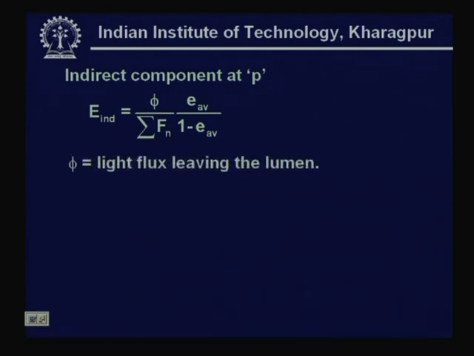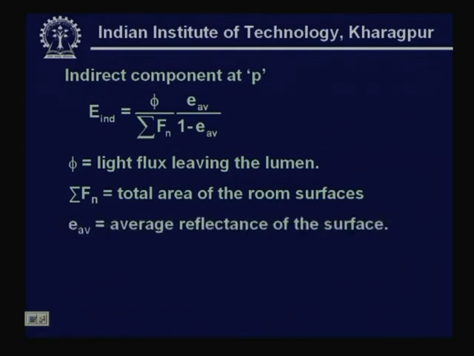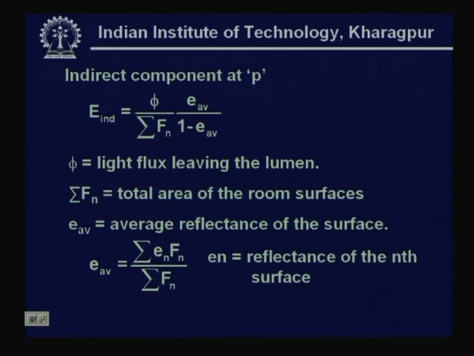Similarly, you need to find the indirect component at every point; that was a direct component. Knowing the total area of the room surfaces and the light flux leaving the lamp in lumens, and considering the reflectances of the surfaces, one can get the total.